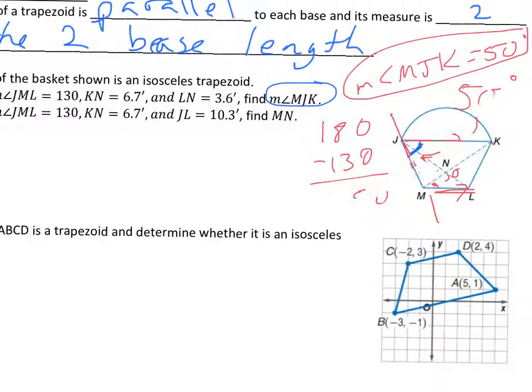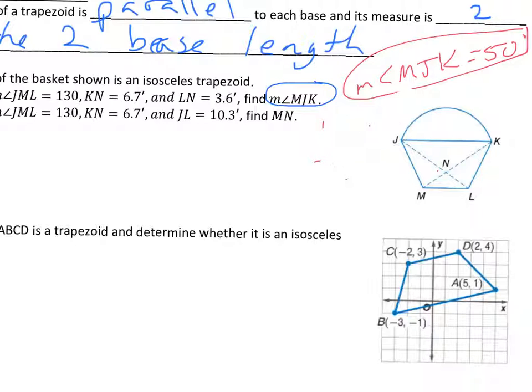Okay, continuing to look at part 2. It says that we're looking for MN. MN is this segment right here. Now it tells me that KN is 6.7, and JL, the whole entire diagonal, is 10.3.